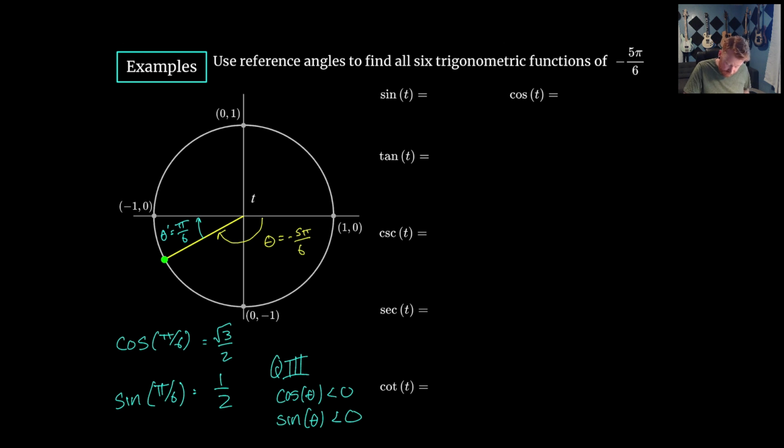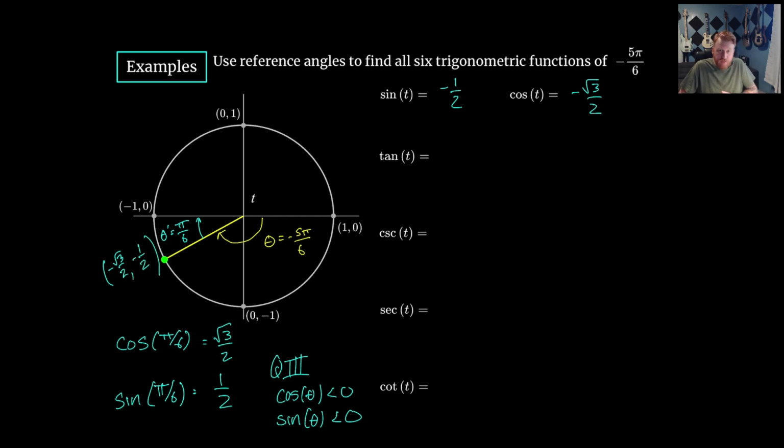So now we know that the sine is going to be negative 1/2, and the cosine is going to be negative square root of 3 over 2. So we could even list those in over here if we wanted. This is negative square root of 3 over 2 and negative 1/2. So there's the point that we're at.